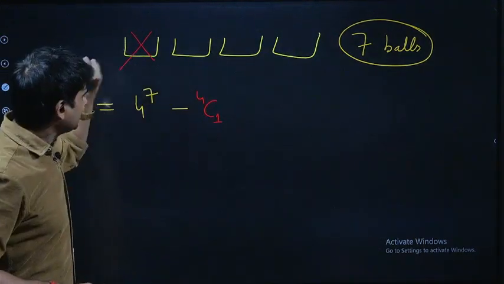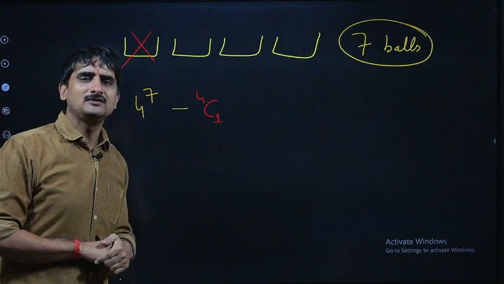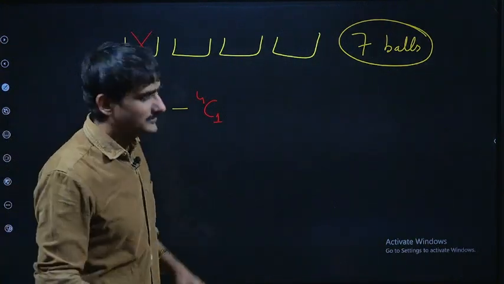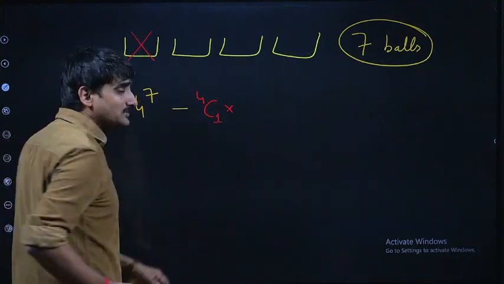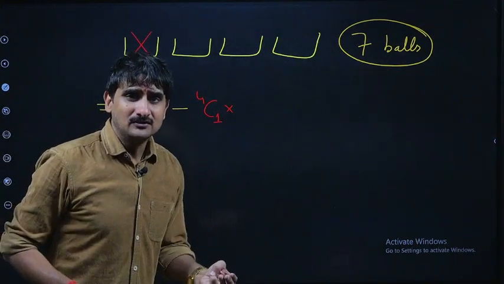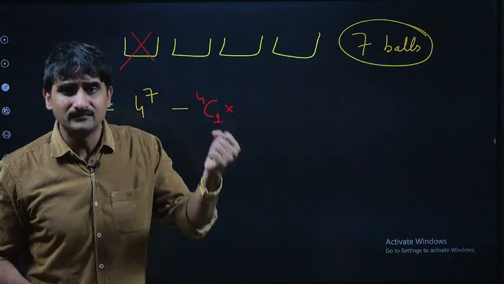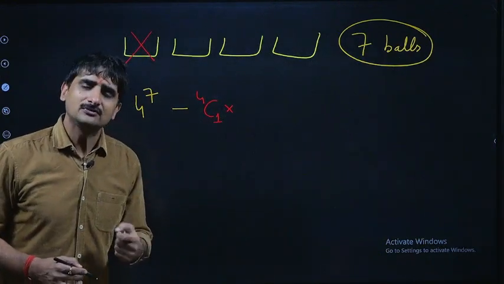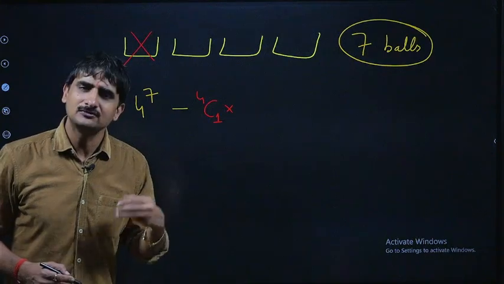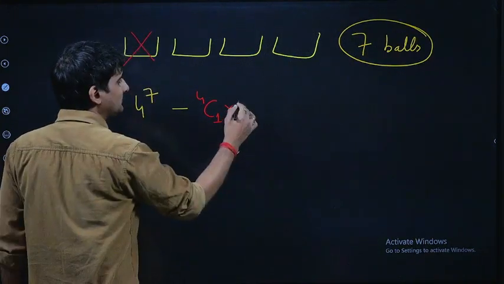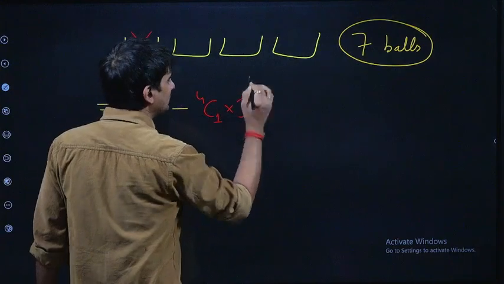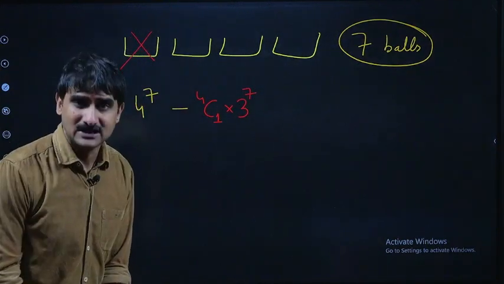So I am selecting one box out of 4 boxes, and in how many ways can we select 1 out of 4? 4C1 ways. Now you have just 3 choices for every ball. You pick up a ball, how many boxes do you have to put it in? You have just 3 boxes available now. So 3 choices for every ball. So the total number of ways of putting balls in the boxes is 3 raised to the power 7.